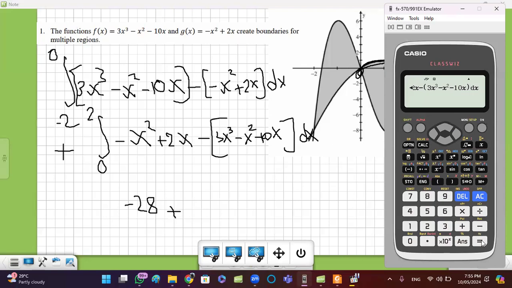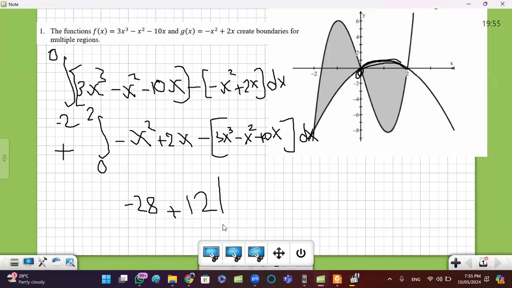I start from 0 till 2. I will get 12. Inside absolute value, what will I get?